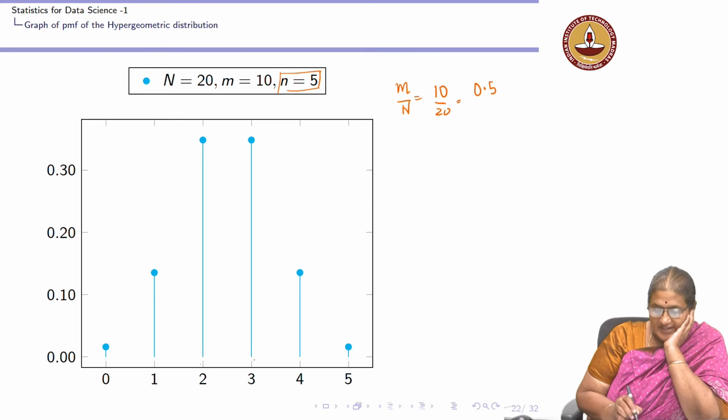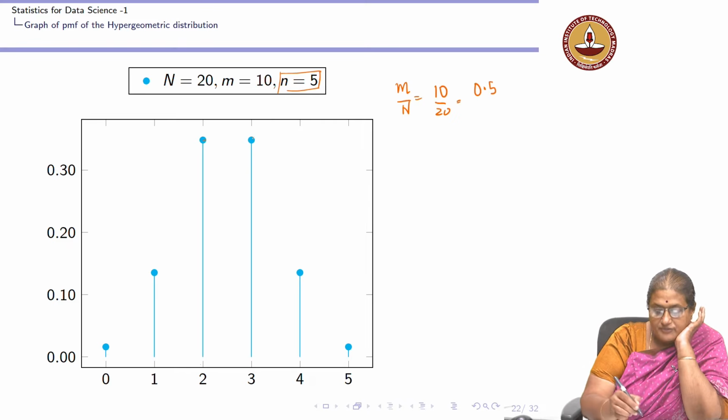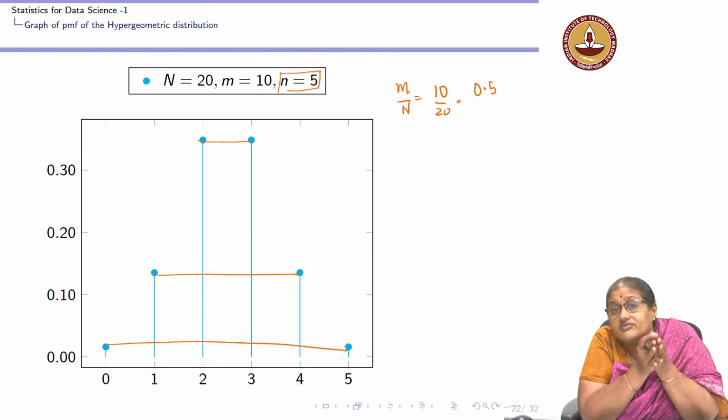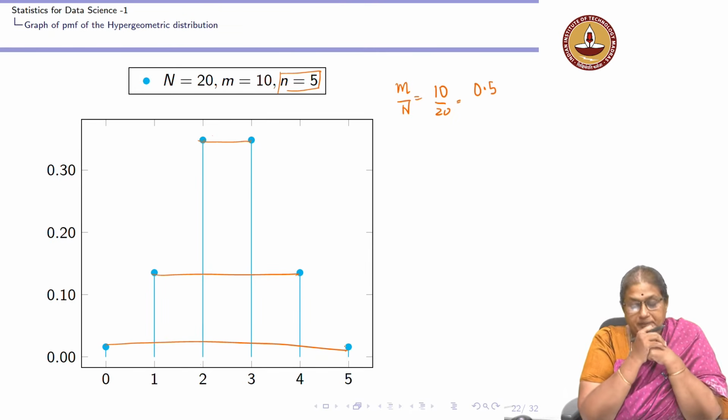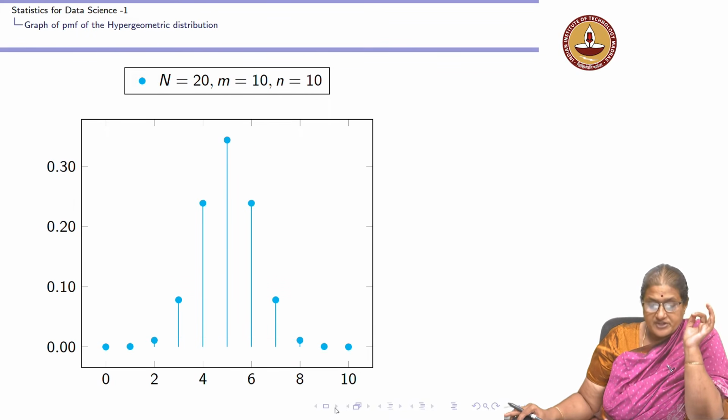You can see that the probability of me having 2 or 3 is the same, and this is a symmetric distribution because I have both of the same type. So, these are the shapes of the distribution function.